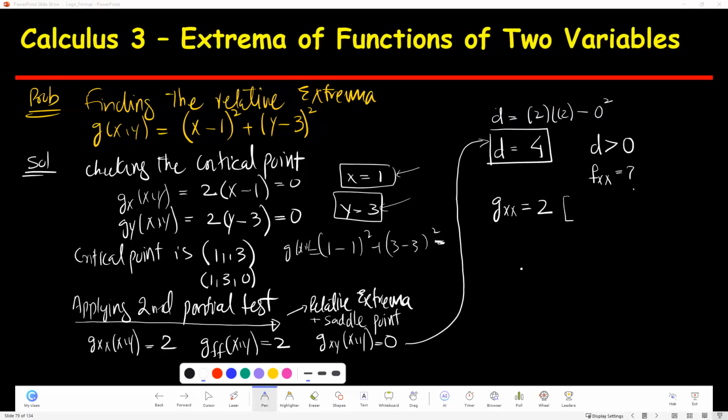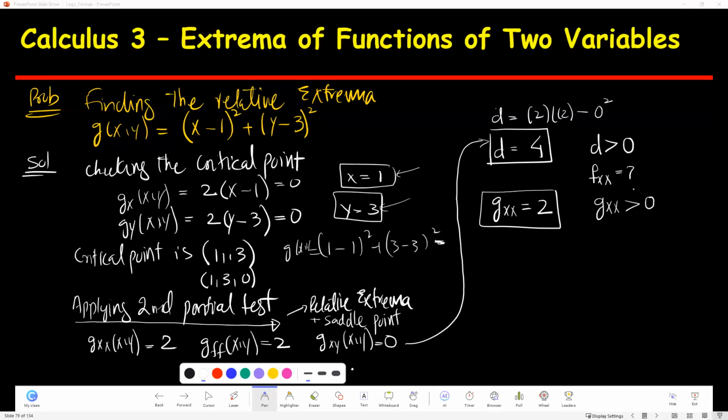And my conditions right now are gxx equals 2 and gxx is bigger than 0. If it's bigger than 0, it should be a minimum, right? Bigger than 0, minimum; less than 0 is maximum. It should be the other way around, but the way I remember them, if it's bigger than 0, it should be minimum. If it's less than 0, it should be maximum. So I'm going to check this one.